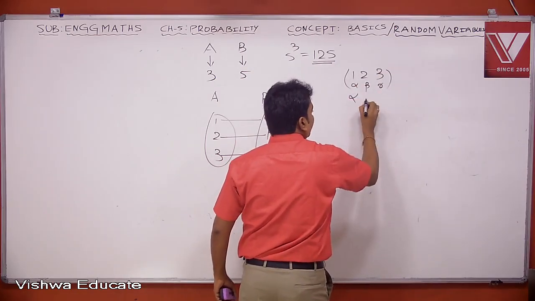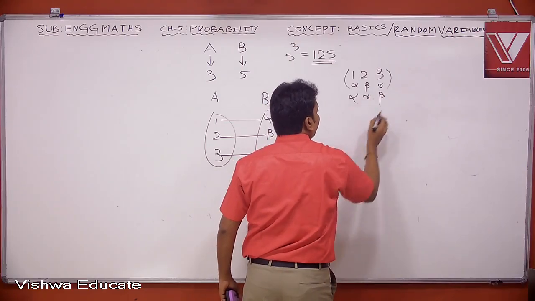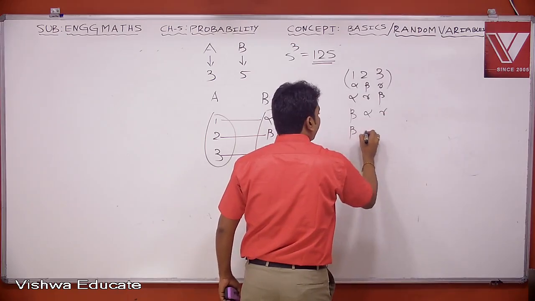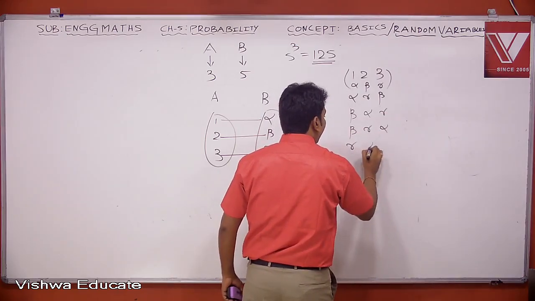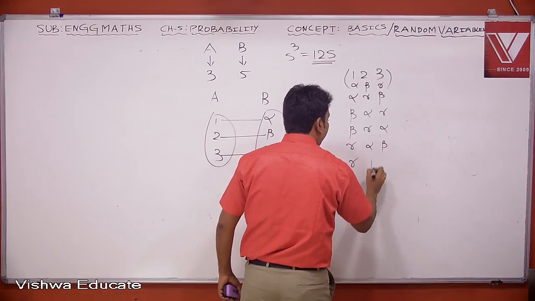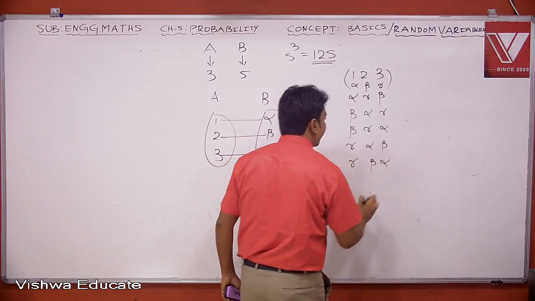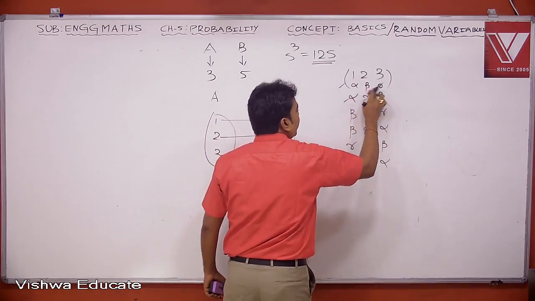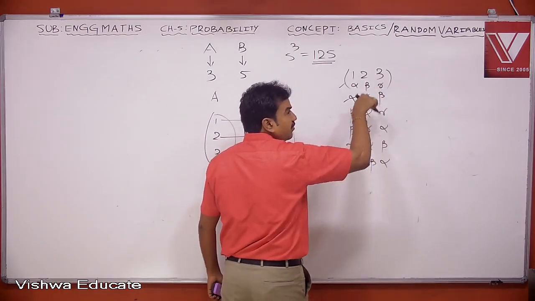Then rearrange the terms, images: alpha, gamma, beta; beta, alpha, gamma; beta, gamma, alpha; gamma, alpha, beta; gamma, beta, alpha, like this. Now when you look at this, alpha is fixed at first, then beta, gamma and gamma, beta. Images are different.